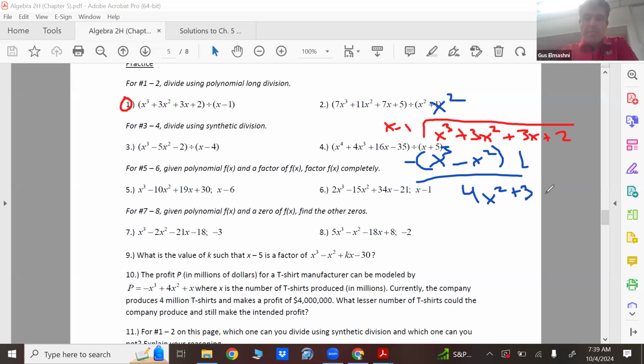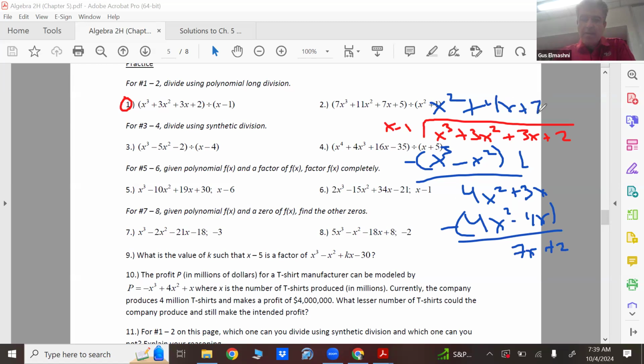Then you rinse and repeat. What do you multiply by x to get the 4x squared? 4x? Exactly. Good. You're getting it. So you get 4x squared minus 4x. Subtract again. You get 7x plus 2. You do it one more time, you get 7x minus 7. And you get 9.